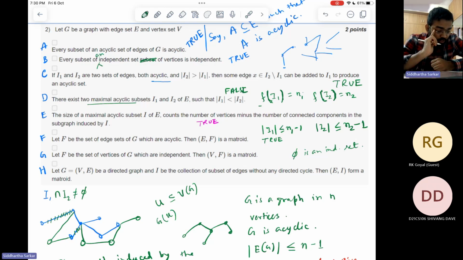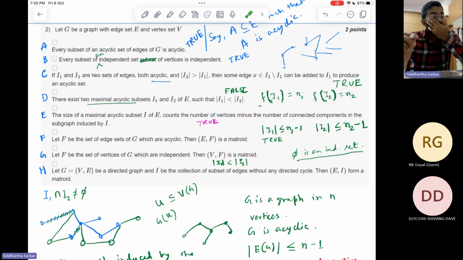And phi, the empty set, is also an independent set, so that is also satisfied. Now the question is: if there are two independent sets I1 and I2 such that the number of vertices in I1 is strictly less than the number of vertices in I2, can you pick one vertex in I2 and give it to I1 without destroying the independence of I1? And is it always possible, given any independent sets I1 and I2? That is the question.